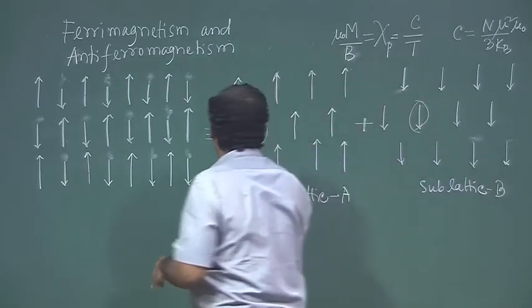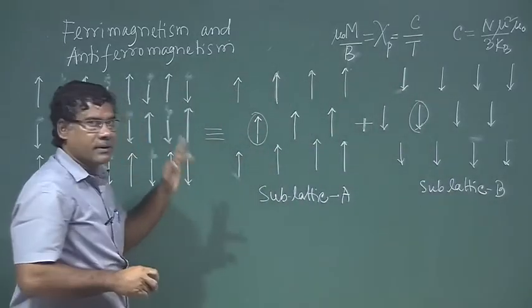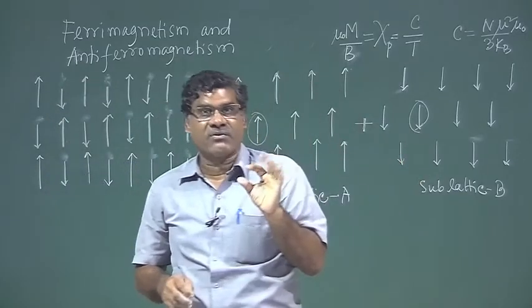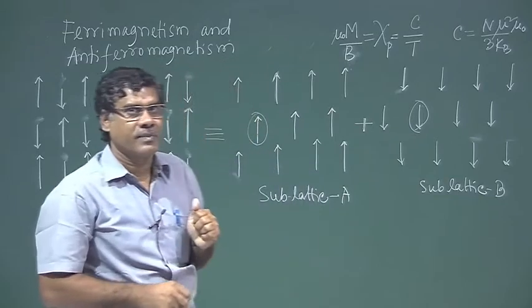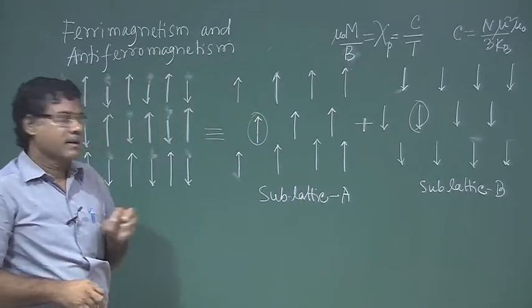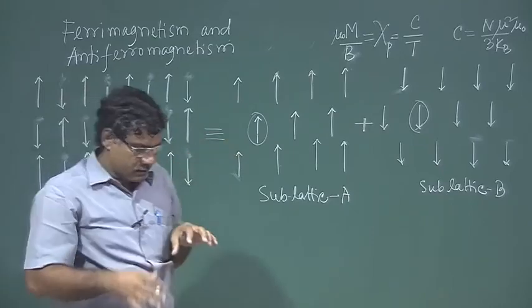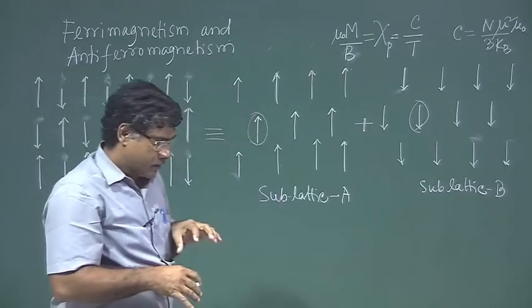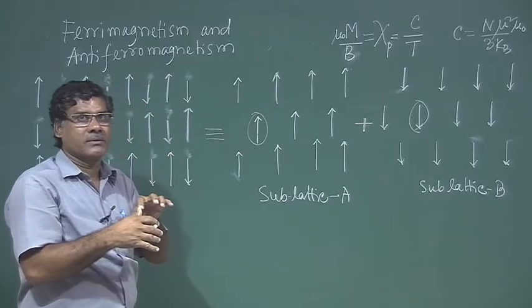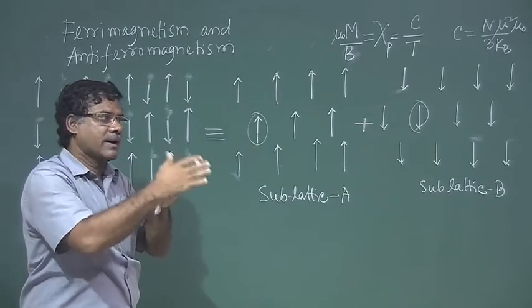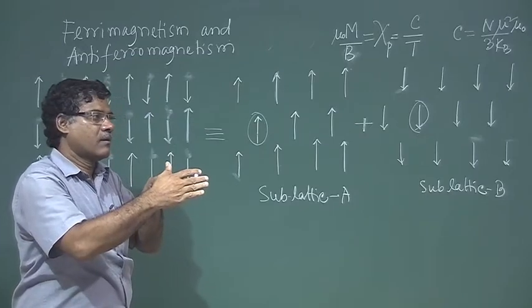So, if we consider the Weiss molecular field, what was that? You have a spin and the surrounding nearest neighbors; they have influence on it, as if some field is there.